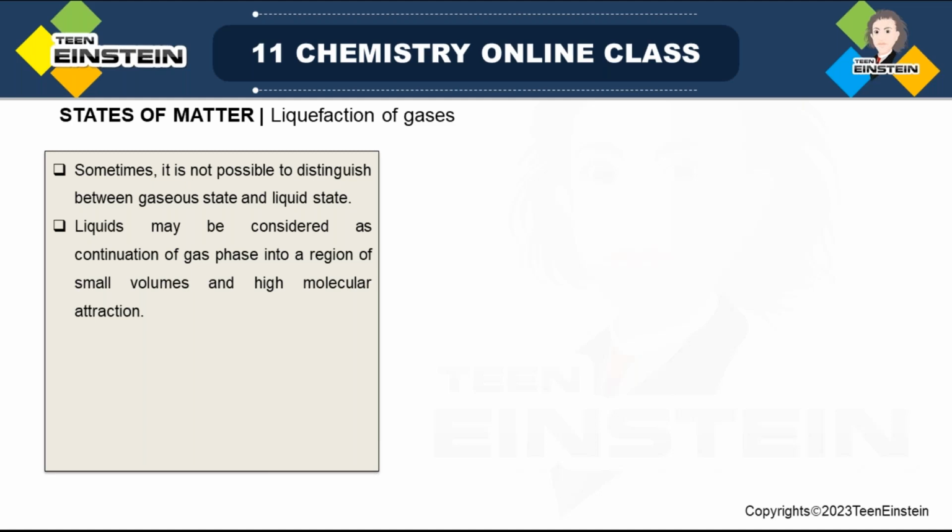That means how you can convert gas, which is one state of matter, to another form of matter, which is liquid. Sometimes it is not possible to distinguish between these two states. It is true that there are some points that are common to both, and some points that are different, but in some cases they are really not distinguishable.